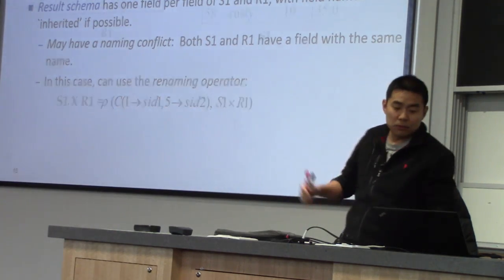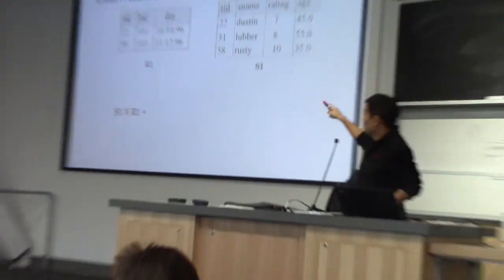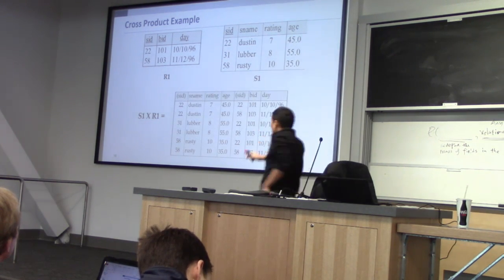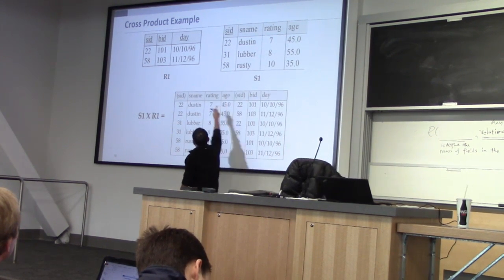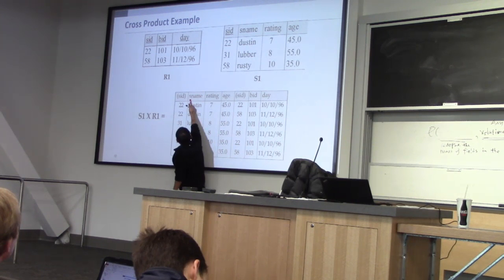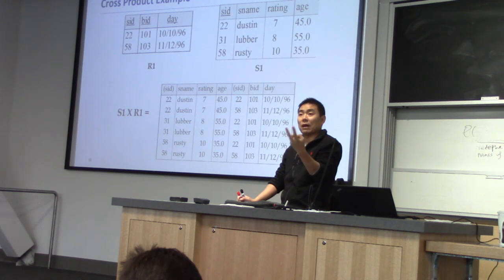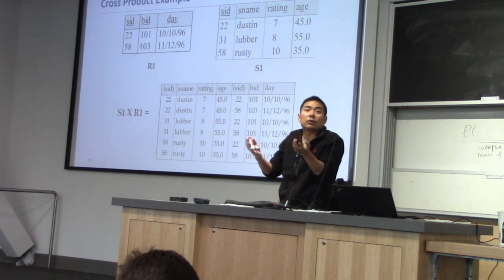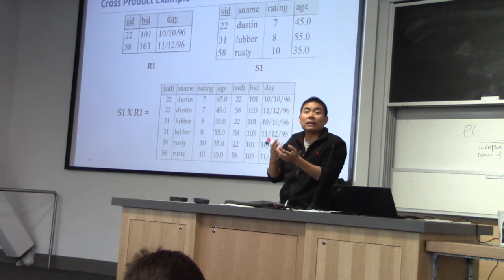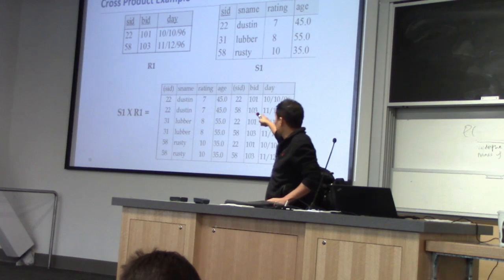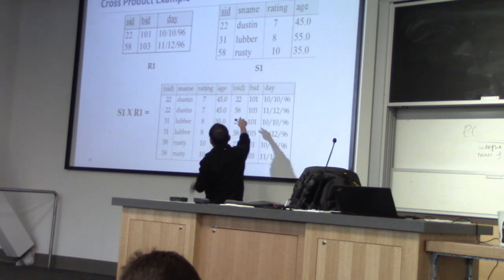So if you look at the output schema, it is all the attributes from sailors plus all the attributes from the reserves table. Okay? Clearly, you have two SID columns, and if you do nothing about them, they will cause ambiguity. Now rename them. One becomes SID1, and the fifth becomes SID2.